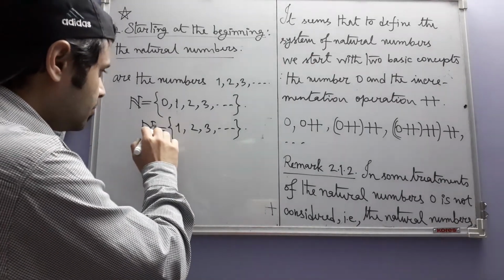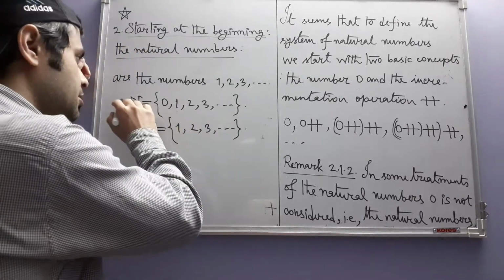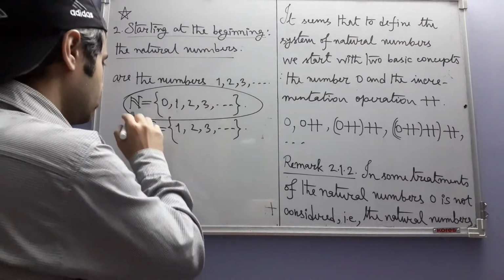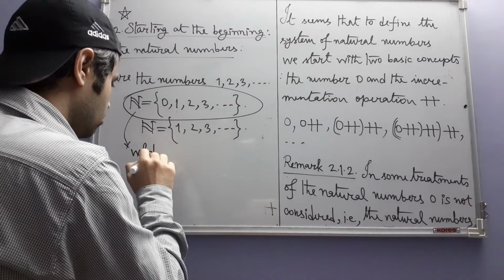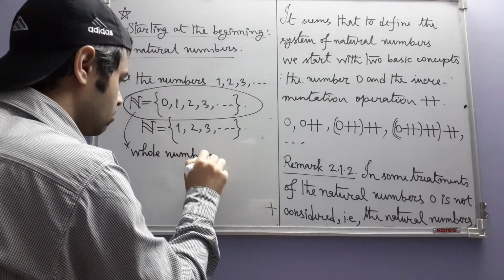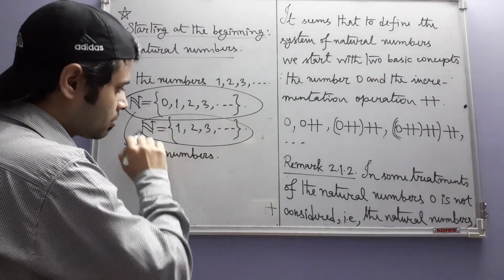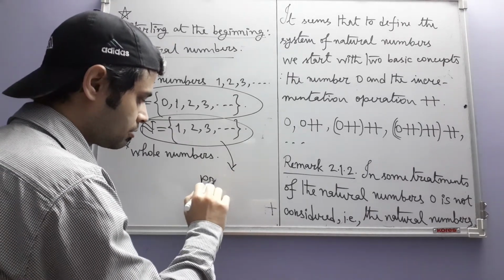For them, if they include 0 in the set of natural numbers, the corresponding set is said to be the set of whole numbers. For us, this set will be called the set of positive integers.